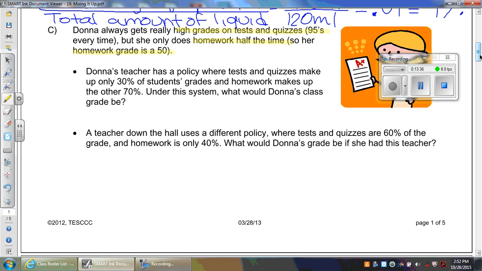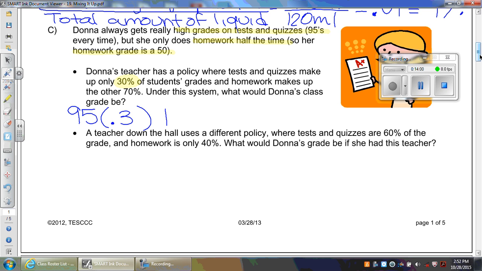Okay, so let's see, and this is actually how we grade you. So her grade on tests and quizzes is currently a 95. What percent of her grade will that be? 30, right? Right here, 30. So as a decimal, what would that be? 0.3 or 0.30, same thing.